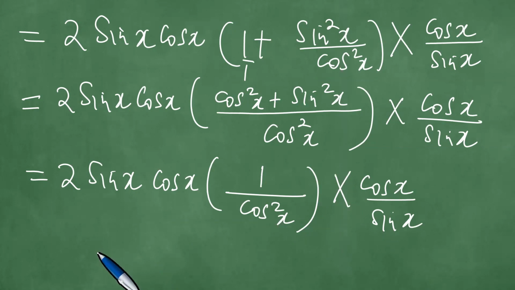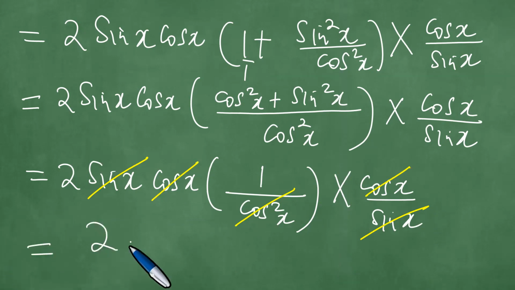What do we do now? So you cancel this out. Cosine times cosine is cosine squared divided by these. And therefore, what we're left with here is only 2. The answer is only 2. And we are done.